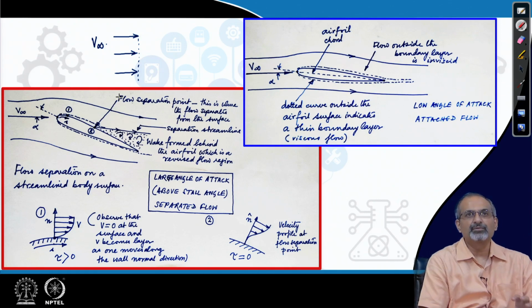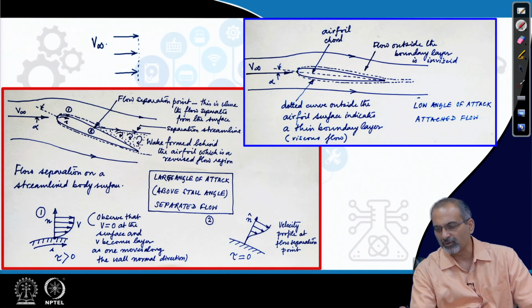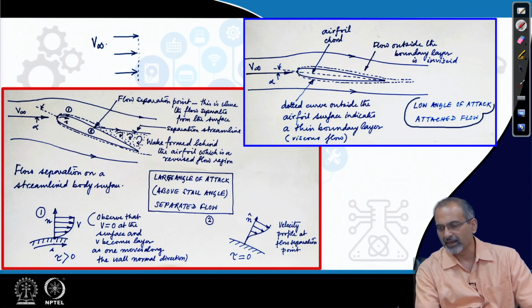That kind of flow is approaching the airfoil. As it nears the airfoil, of course, it moves around the airfoil and the streamlines get bent, as you can make out. Now, we are looking at the flow past the airfoil at two different angles of attack.